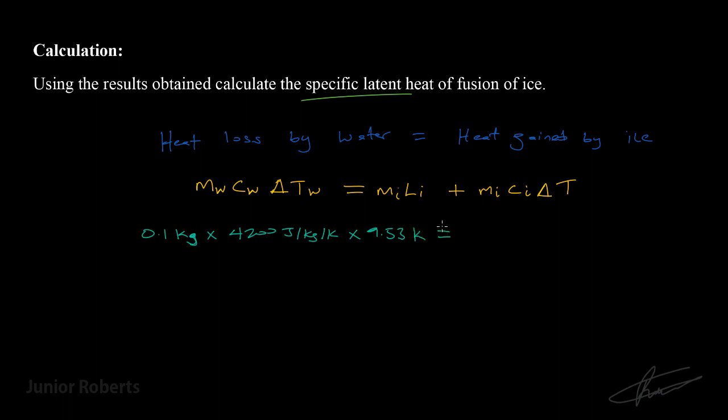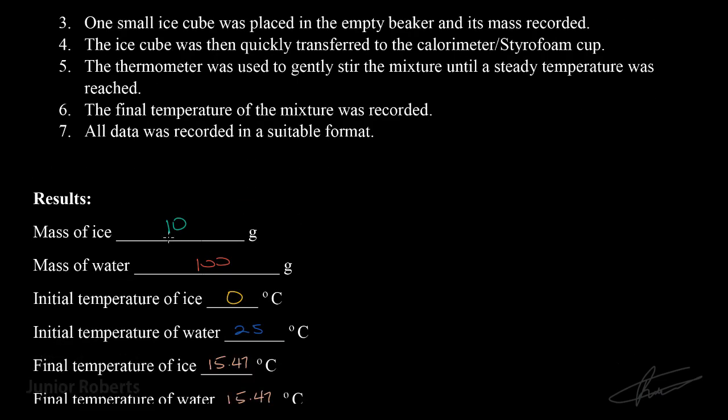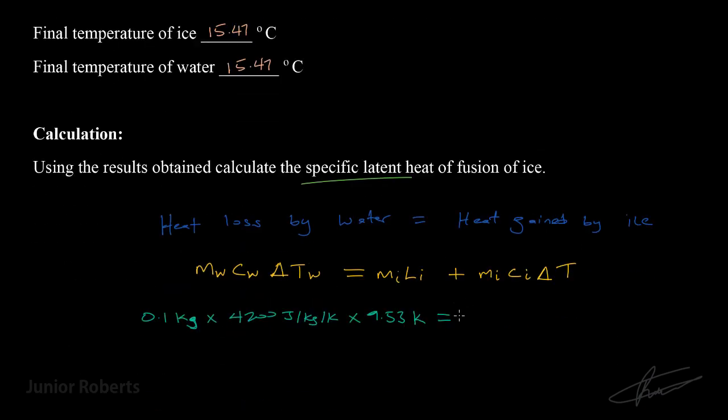Now that will be equal to the mass of the ice, which is 10 grams. We convert to kilograms and get 0.01 kilogram. So we have 0.01 kilograms multiplied by the latent heat of fusion of ice, which is what we're trying to find, so let us call this LF, plus the mass of the melted ice, which is now the water.